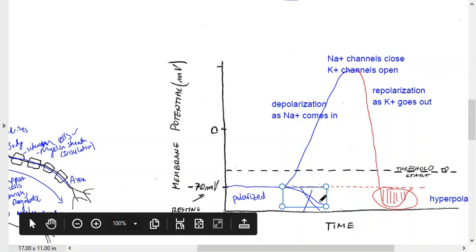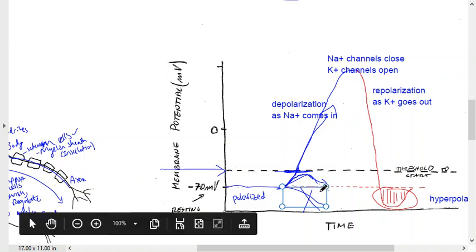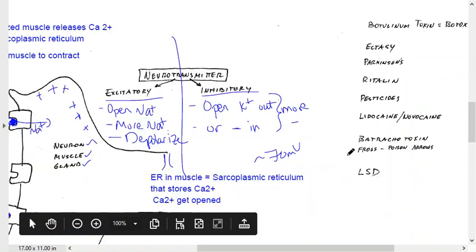You prevent the cell from ever sending the action potential, because what we didn't talk about here is this dashed line. Basically, it doesn't matter if you have a little bit of sodium and the membrane slightly depolarizes. That's not good enough. You can't slightly depolarize. You have to hit a threshold. And then once that threshold is reached, boom, then you continue, right? If you don't really get there, then it kind of fizzles out and nothing happens, right? But once you reach this threshold, then the entire thing goes and the action potential is set.